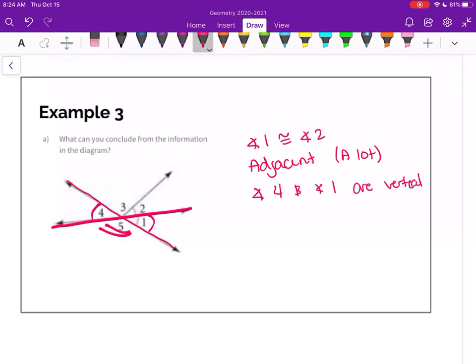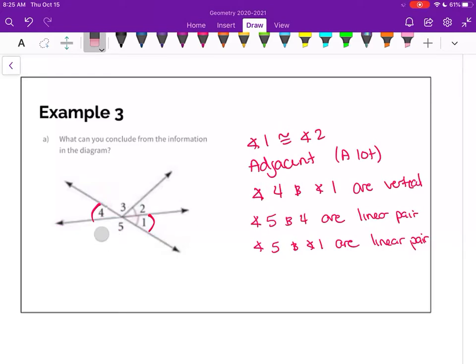I have 5 and 1 are a linear pair, and 5 and 4 are a linear pair. All right, looks like that is about all I can conclude.